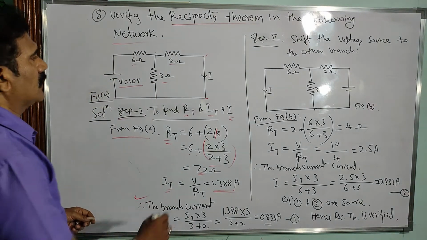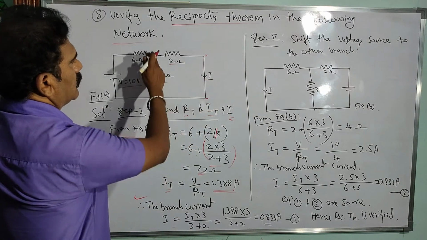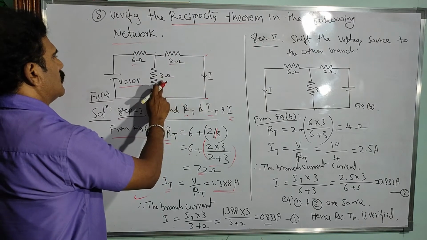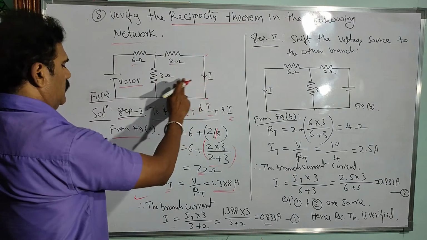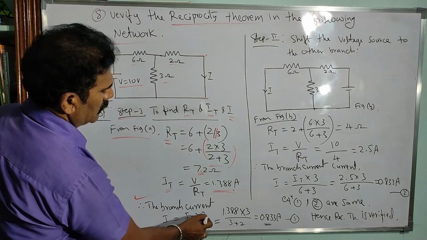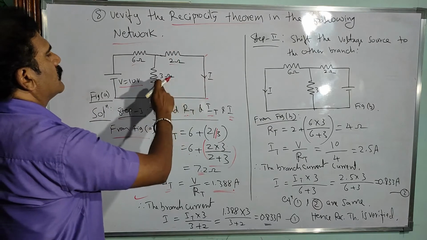The branch current formula: we are calculating I, so this total current should be multiplied by the parallel resistor for this branch, which is 3 ohms. So IT into 3 divided by the total resistance in this particular loop, that is 3 plus 2.